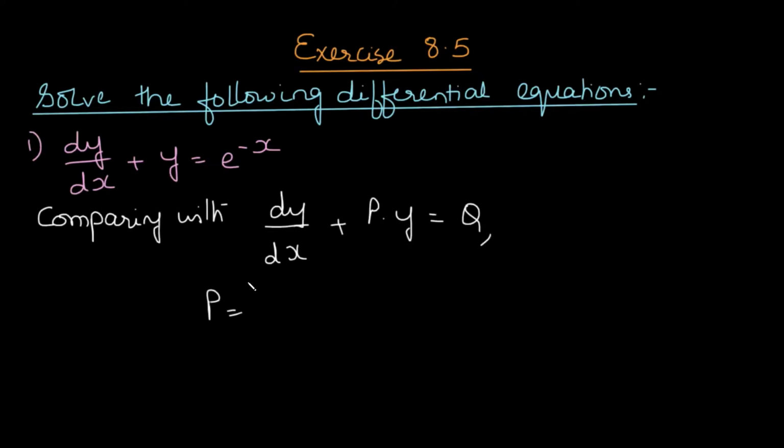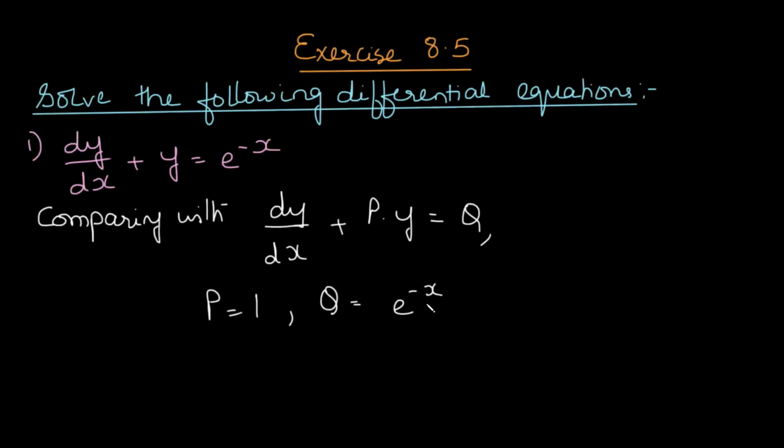Compare both the equations. We see that dy by dx plus y is given. That means p in this case is 1. So we get p is equal to 1. And on the RHS, q is e raised to minus x. That means we have q is equal to e raised to minus x.